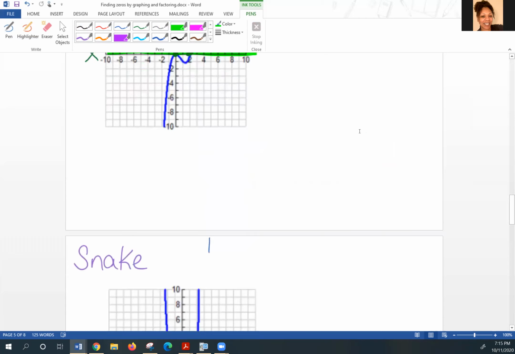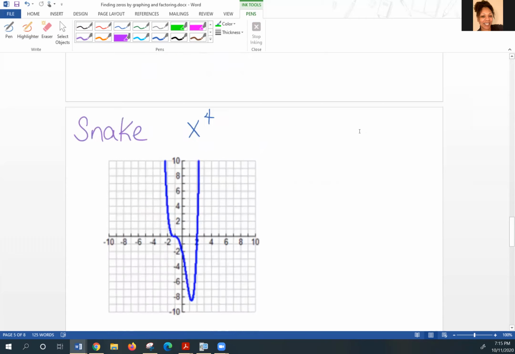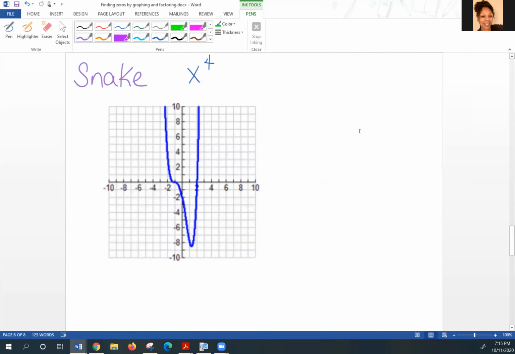The next one that you'll see sometimes is called a snake. And this particular graph, like I said, it's not exactly x to the 4th. However, I'm just letting you know that the highest degree is 4, and you'll learn how to distinguish that later. So what you want to look for in a snake is when the graph is kind of lingering around the x-axis.